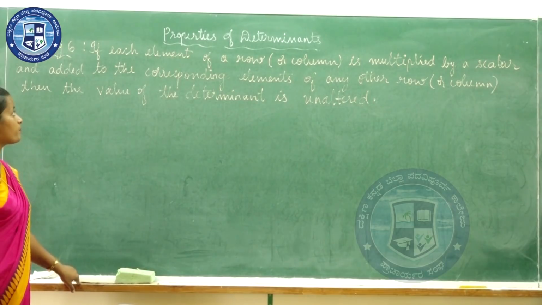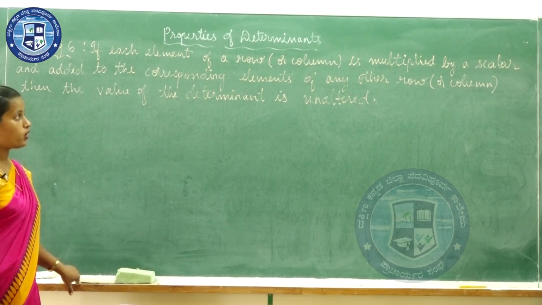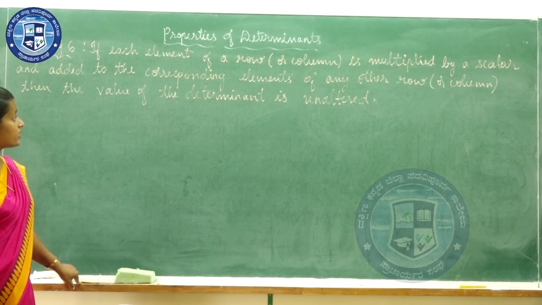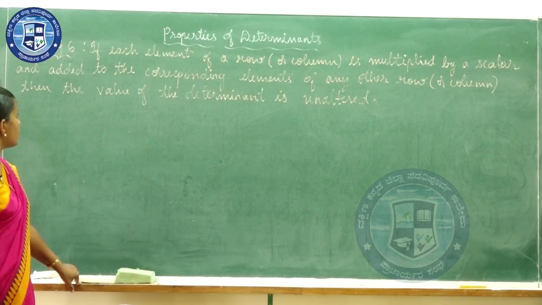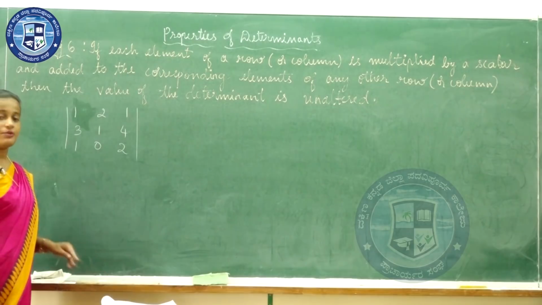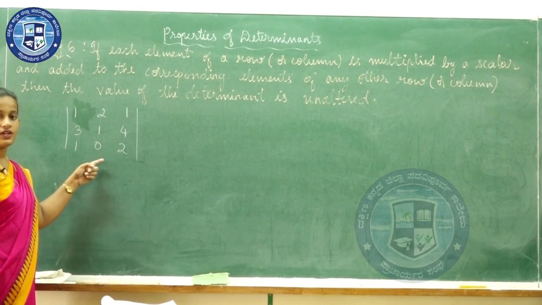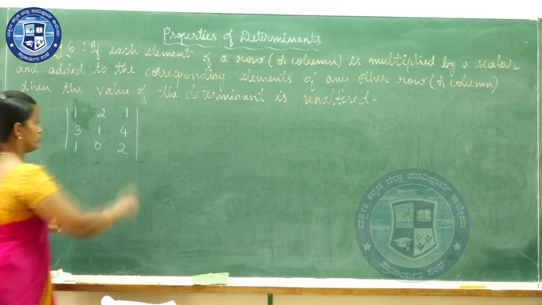Property 6. If each element of a row or column is multiplied by a scalar and added to the corresponding elements of any other row or column, then the value of the determinant is unaltered. Let me consider an example. Consider this determinant 1, 2, 1, 3, 1, 4, 1, 0, 2.